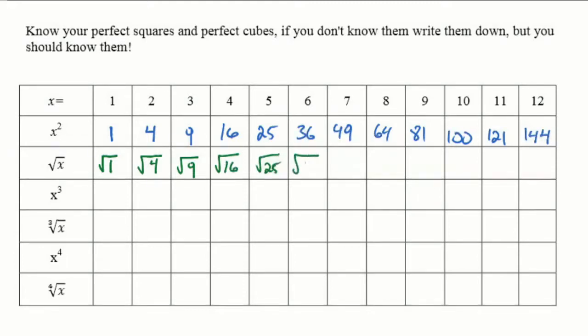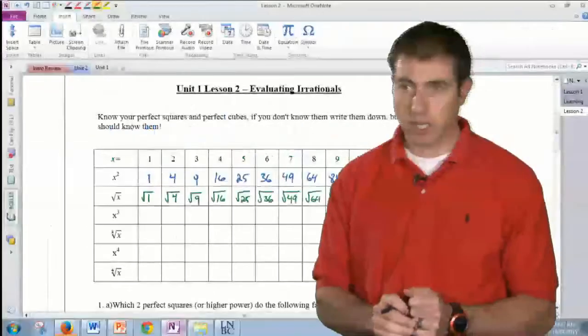So when you see the square root of 36, or the square root of 49, or the square root of 64, a little red light should go off in your head, and you should think to yourself, that's a perfect square. That's important. For some reason, Mr. Borden told me to remember all of these. So those are our perfect squares from 1 to 12. We're going to encounter those a lot.